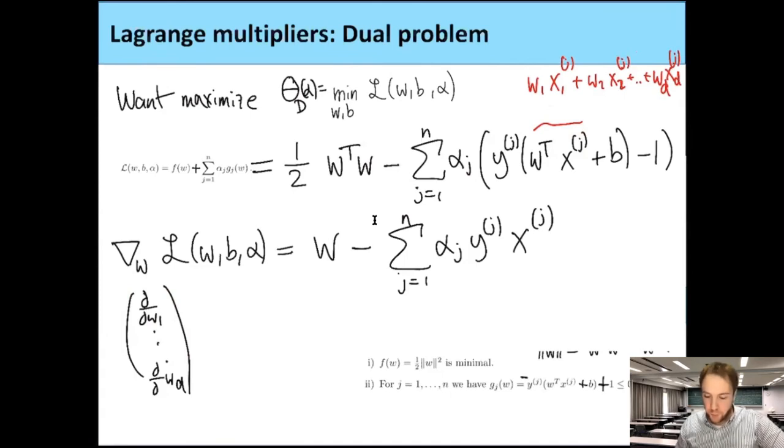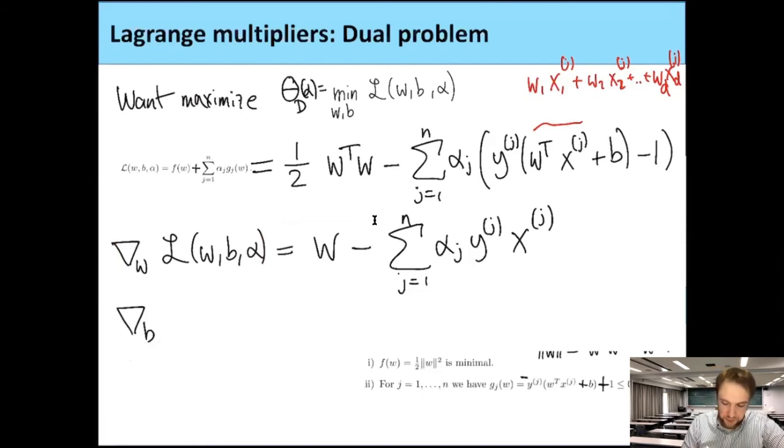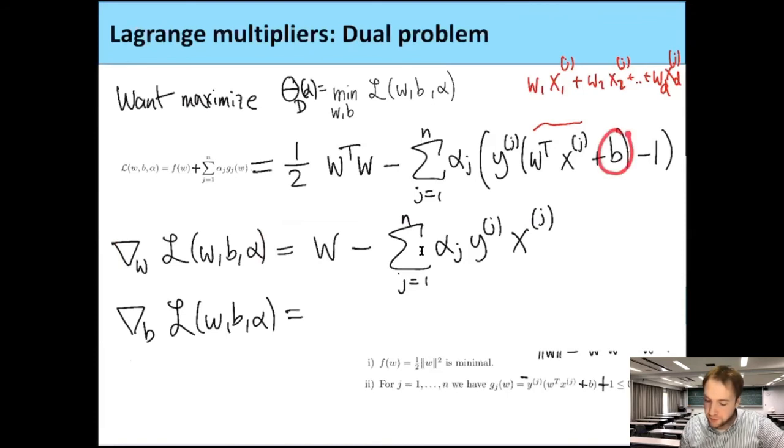And what we want to do now is, so this is the derivative with respect to W. And we also take now the derivative with respect to B, which in this case is really just a number. And the only part depending on B here is this part.